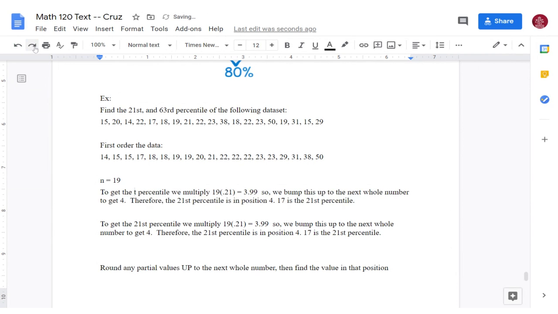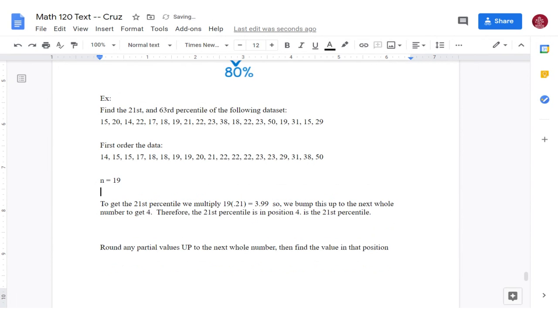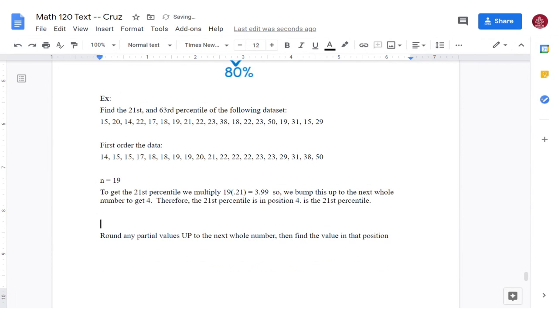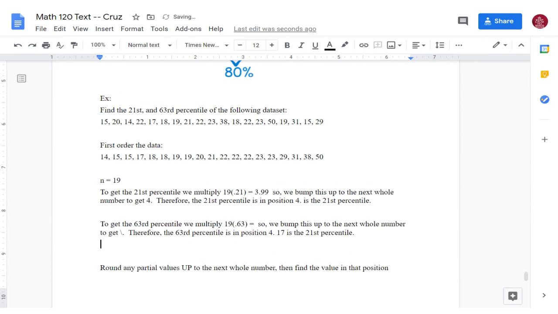Guess I should have just copied it once I was trying to change the second one. I'm just trying to save myself some work, and I end up goofing up. So 19, and that's the n, times 0.63. So it's 11.4.